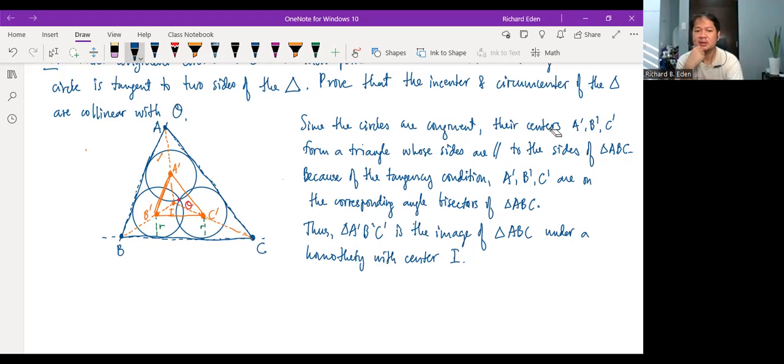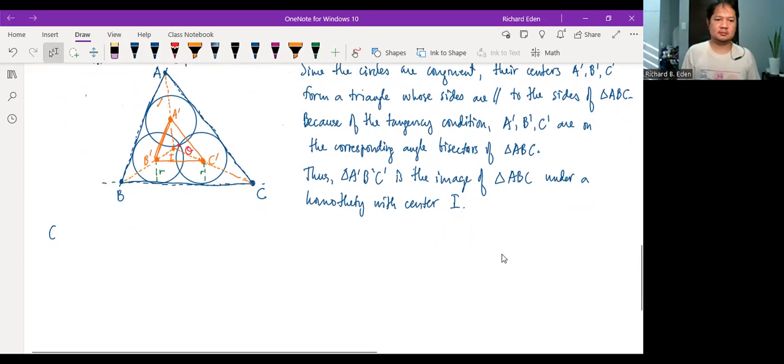Yes, that's what I did. O is the circumcenter, so ABC is just a mapping of A prime, B prime, C prime, or the other way around. So they are collinear because it's just a mapping.